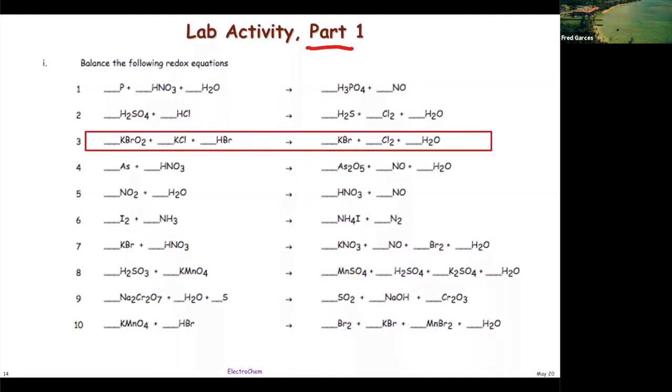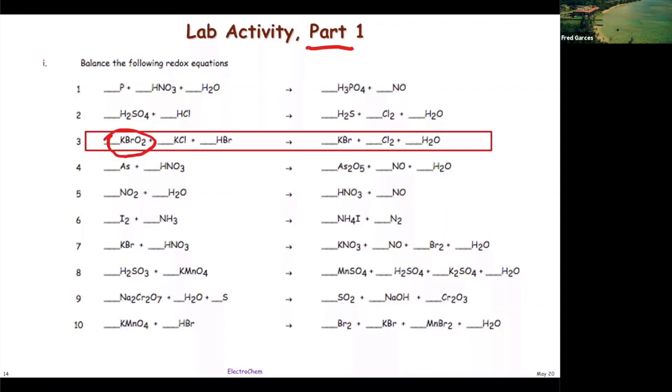In this particular case, what I want to show you is that you just have to start by picking a chemical. Let's start with KBr. And remember that when you pick the half reaction, the non-hydrogen and oxygen elements have to exist on both sides of the equation.